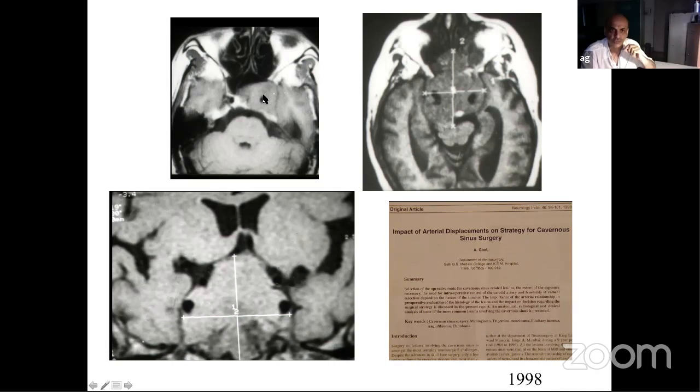When it squeezes the carotid artery, it is a different tumor, with a different consistency. When it displaces the cavernous sinus, it is again a different consistency. So on the basis of the arterial relationship, you can identify the histological nature of the tumor and plan surgery. This was my very old article, and those who are interested must read it.